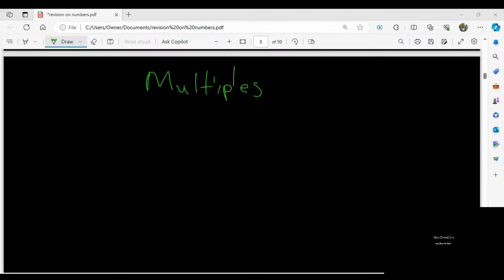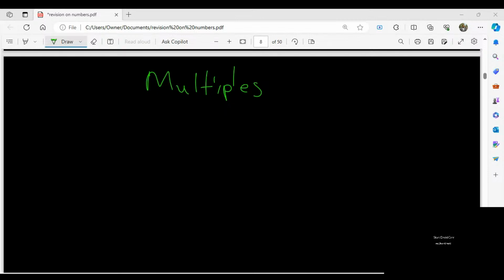All right. So, for example, let's write our heading here: multiples. All right. So let's look at how multiples work for this problem.